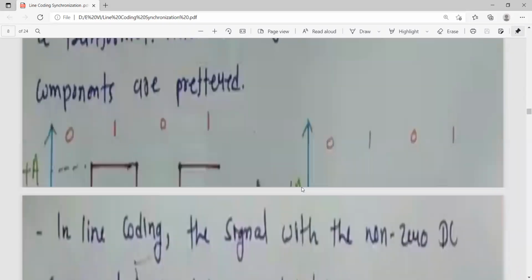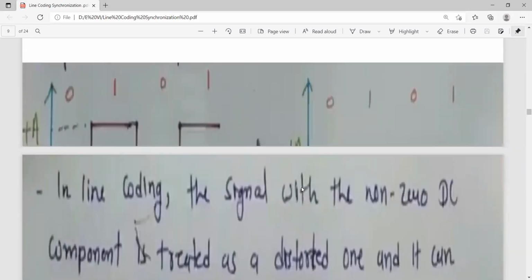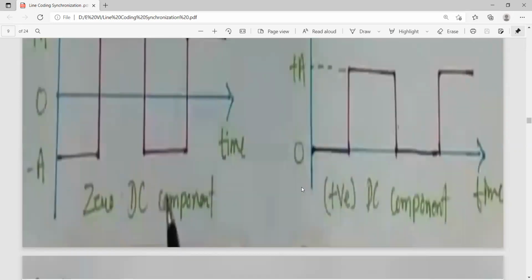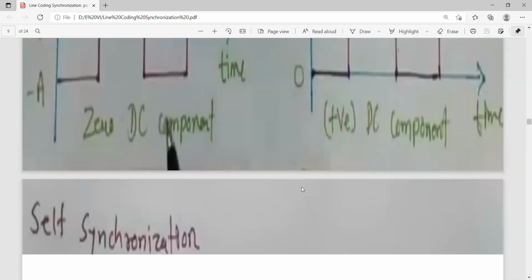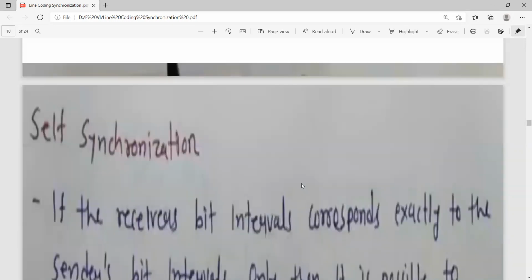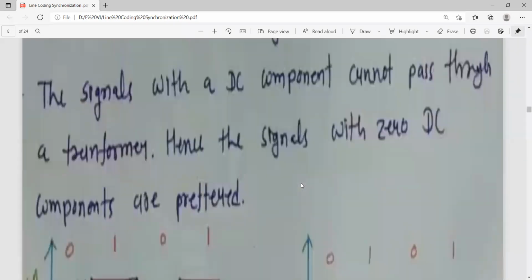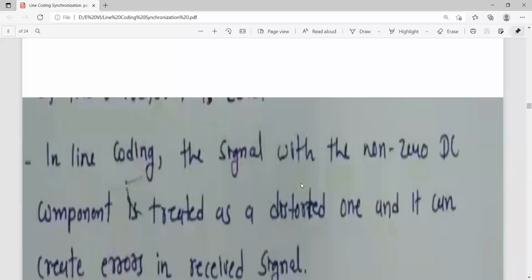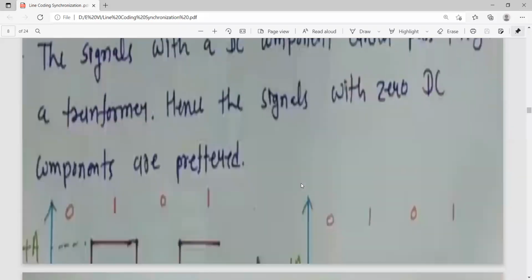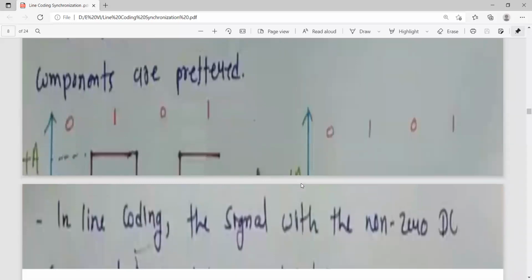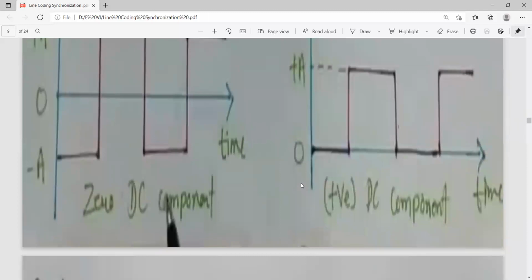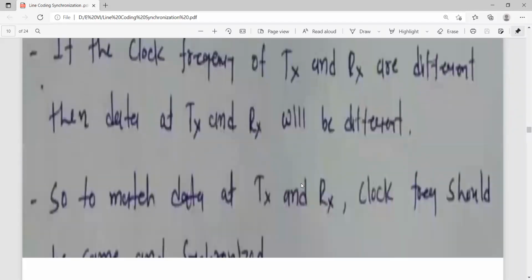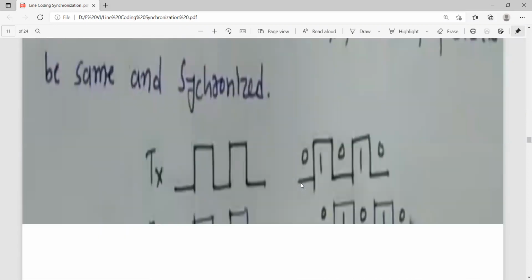So let us see this in one figure. Pulse rate and bit rate.